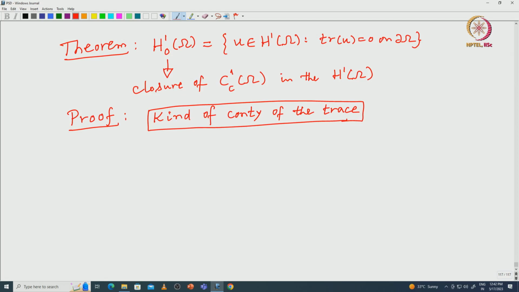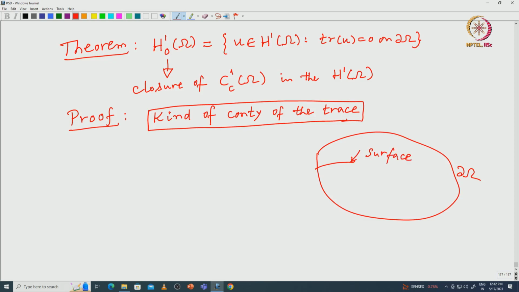Okay. So, here we have this omega. Before coming to the actual proof, which will come a little later, this is del omega, and now you consider any surface. It can be this boundary, but generally we work for any surface, some surface sitting in omega.